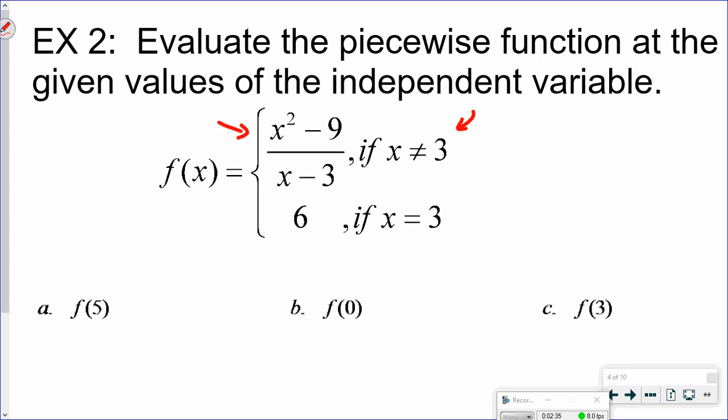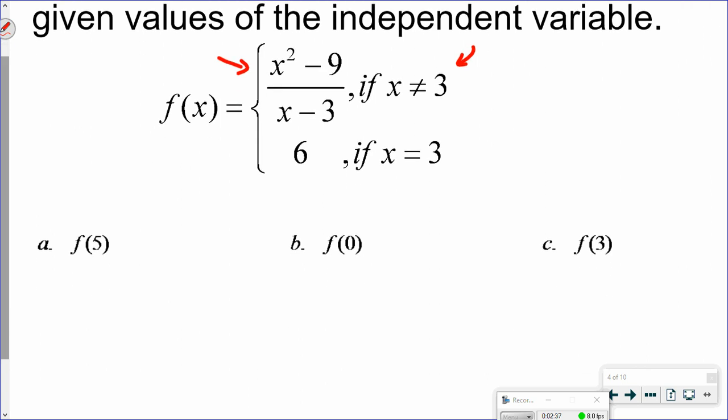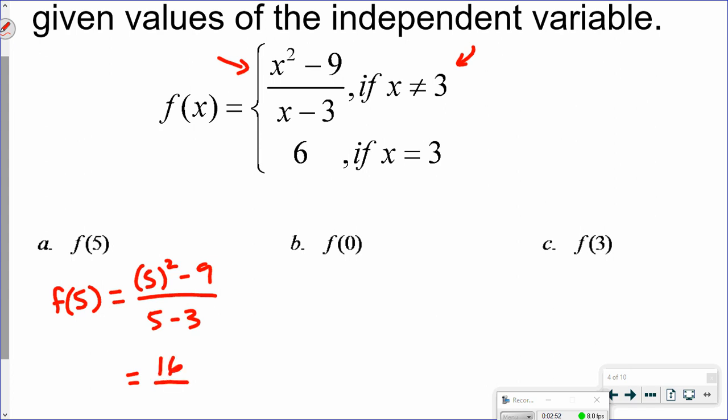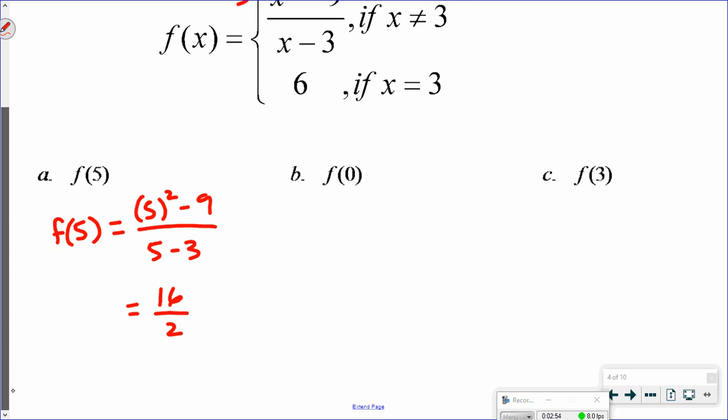So right here. Okay. So 25 minus 9 is 16. 5 minus 3 is 2. And then 16 divided by 2 is 8.